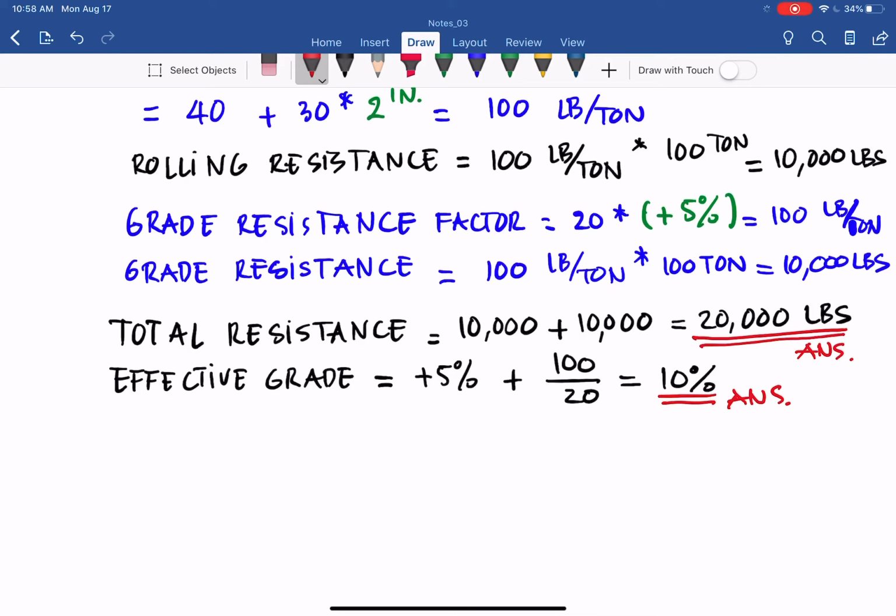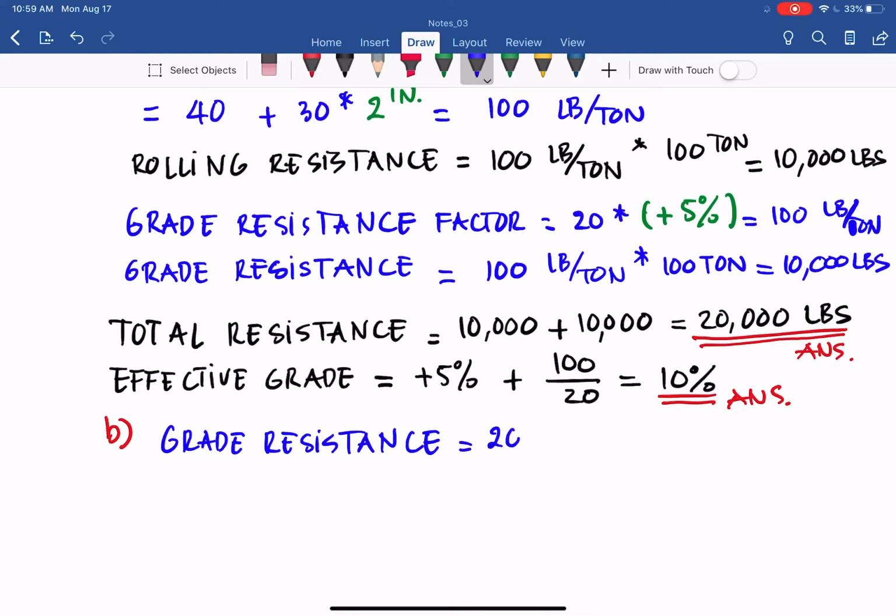And of course, scenario B, descending, will be quicker. Then we can move on. The first one is grade resistance. Regardless of going up or down, rolling resistance remains unchanged, but grade resistance depends on going up or down.